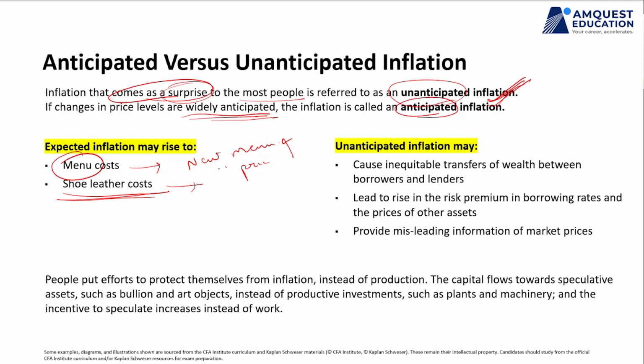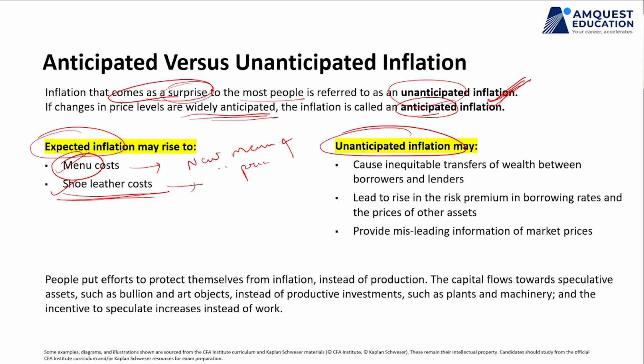That is called shoe leather cost. Clear? So we have menu cost and shoe leather cost. So what they're saying is inflation is normally expected to rise on account of two factors: menu cost and shoe leather cost.